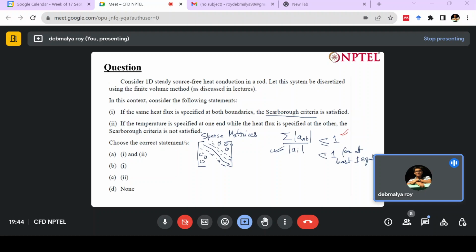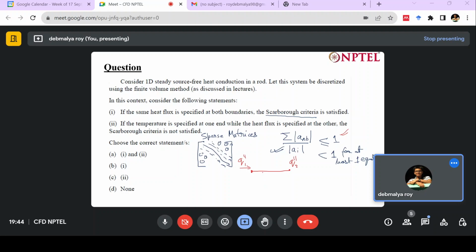So what happens if I have the same heat flux supplied at both boundaries? Let's say we have this 1D conduction as described here, and I have heat flux specified at both points, q1 double dash and q2 double dash.